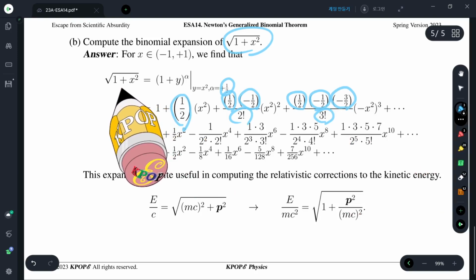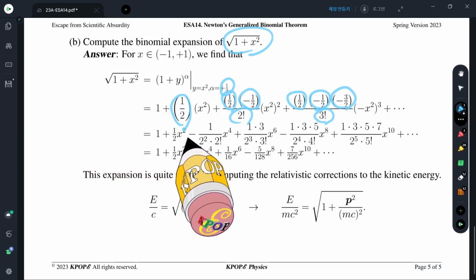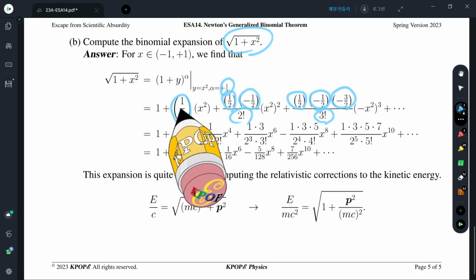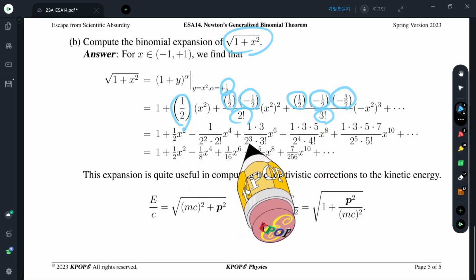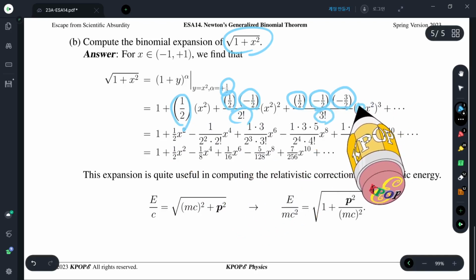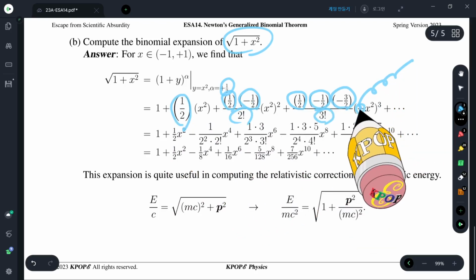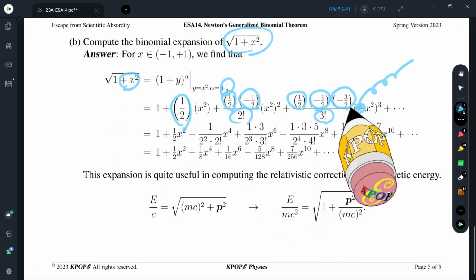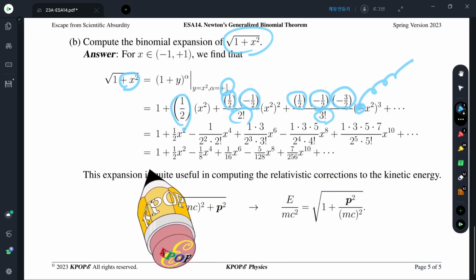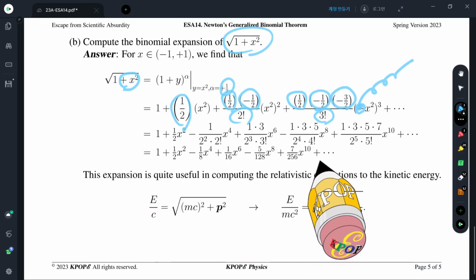We have plus, minus, plus. This is wrong. This one should be removed. So this is only plus x squared power. As a result, we obtain this kind of formula.